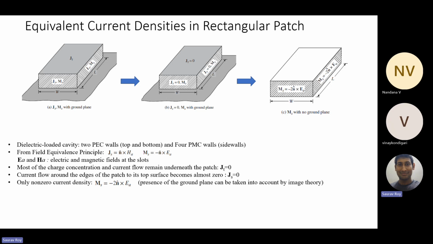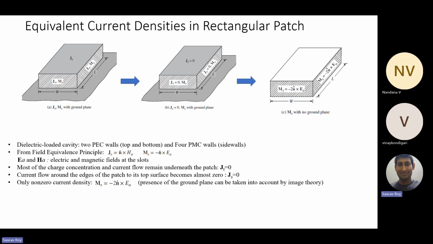So that is why only the tangential value of the electric field remains in the side walls, which is also called MS, the magnetic current source. If you take the presence of the ground plane into account, you can calculate it. MS is the actual current density which contributes to radiation outside.